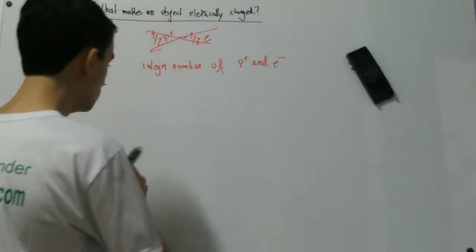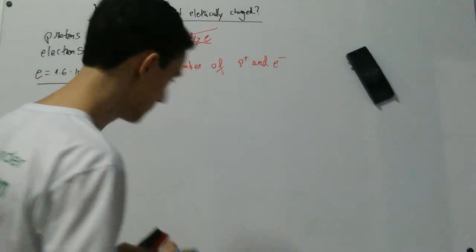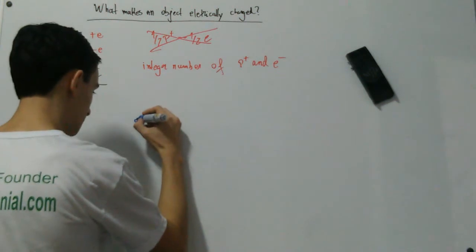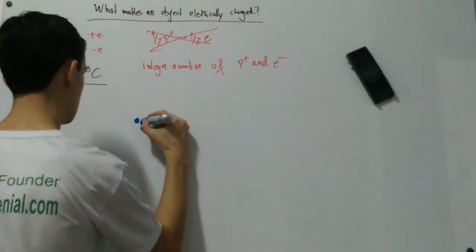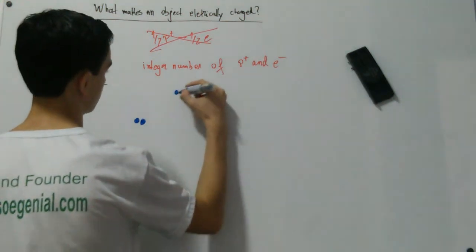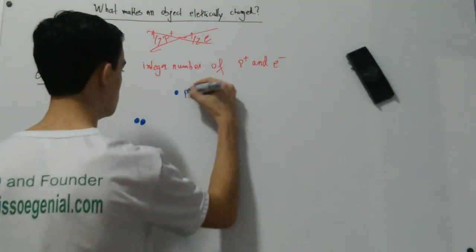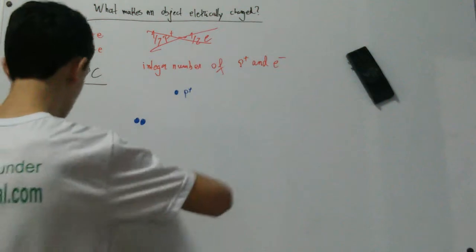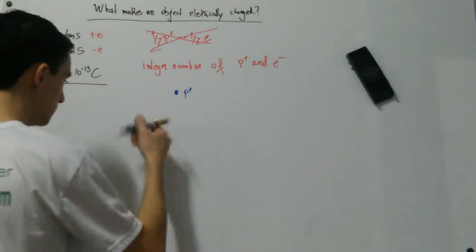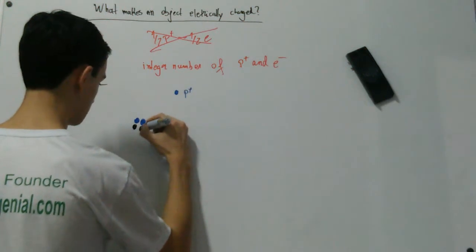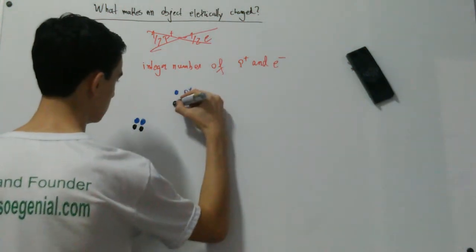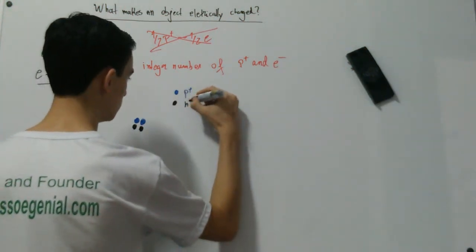In the nucleus of a helium atom, we have two protons. The blue ball is going to be protons. We have also in the nucleus 2 neutrons. So the dark ball is going to be a neutron.